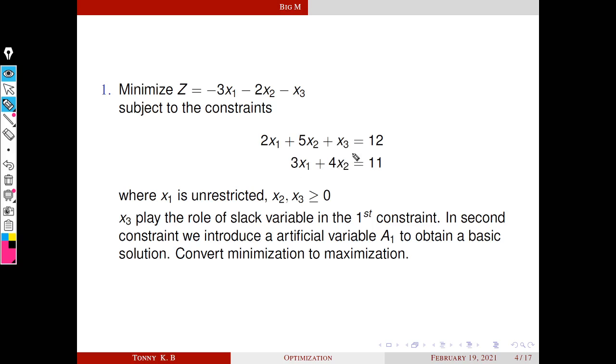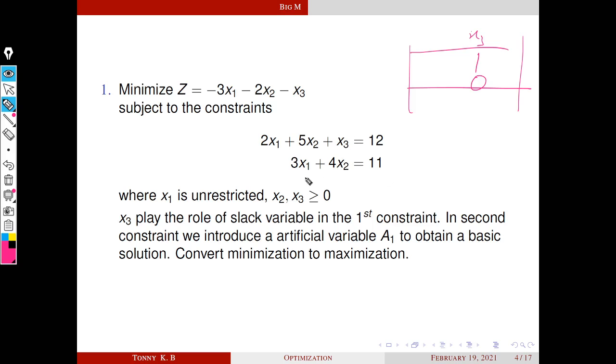That means we can treat x3 as a slack variable, because when we write the initial simplex table, corresponding to x3 we get a column like 1 0. So we need not introduce an extra slack variable.